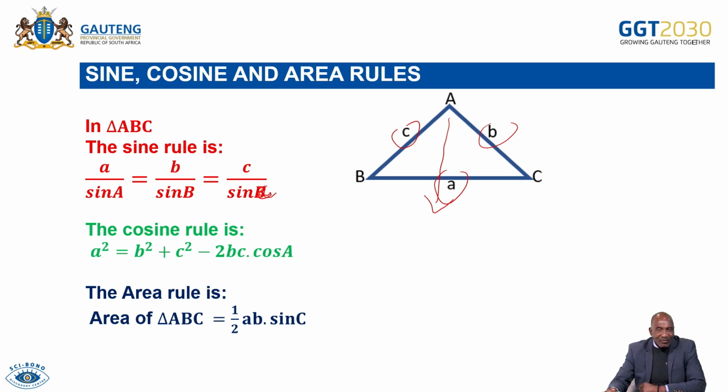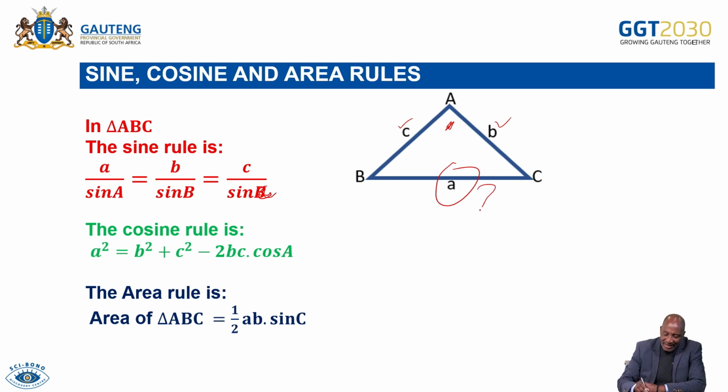Okay, right. So what are we saying here? The cosine rule states that, if you are looking for this missing side a, let me remove these other sides so that you can easily see a. If small a is missing in your triangle, and the other two, b and c, are known, angle A needs to be given, then these two sides also need to be known for you to find the missing side, which is a.